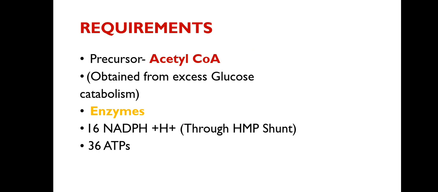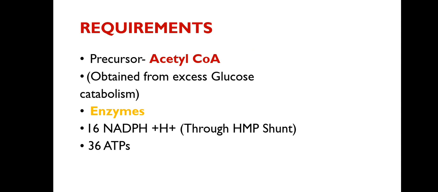Now, requirements. In the definition, we already said that we will need our precursor molecule, which is acetyl-CoA. So this is going to be our substrate for cholesterol synthesis. Of course, we are saying that it's obtained from excess glucose catabolism through glycolysis. You'll be wondering, but why is he saying acetyl-CoA?